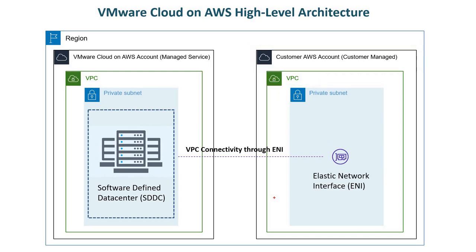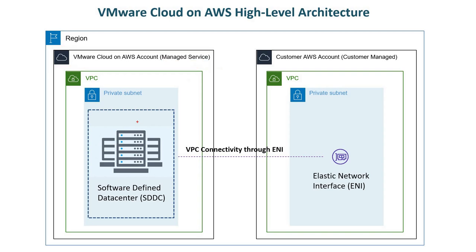Now, we also have a VMware Cloud on AWS account, and you'll notice that it is a managed service, which means the VMware Cloud on AWS account will be created on behalf of the customer, but it will be operated and managed by VMware as a part of the VMware Cloud on AWS service.